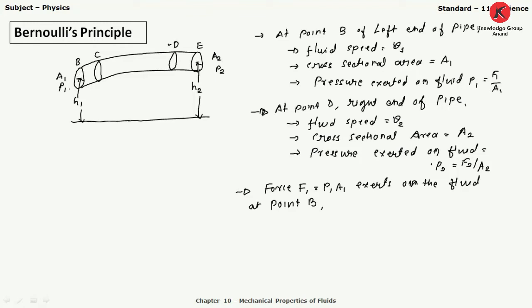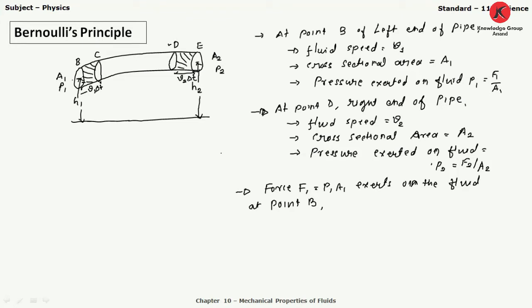This fluid covers the distance which is V1 delta T. So, here we can see if the force F1 is applied on this side, the fluid is traveling and covers a distance, then the equation for distance becomes V1 into delta T. So, this much distance from this point to this point is covered and it is given by V1 into delta T. And in a similar way, here this distance is V2 into delta T. Clear?